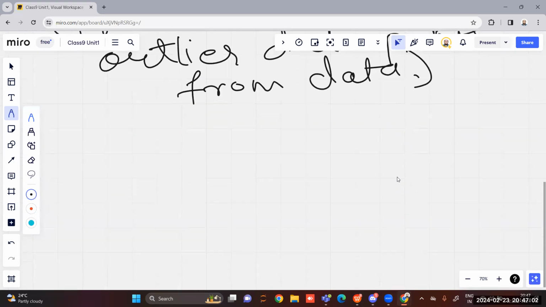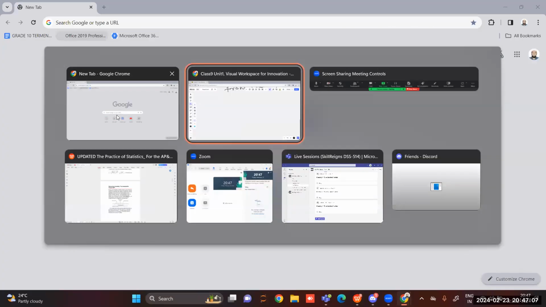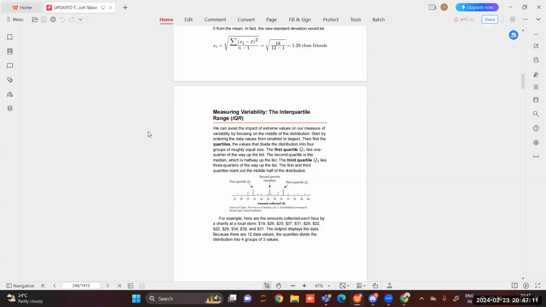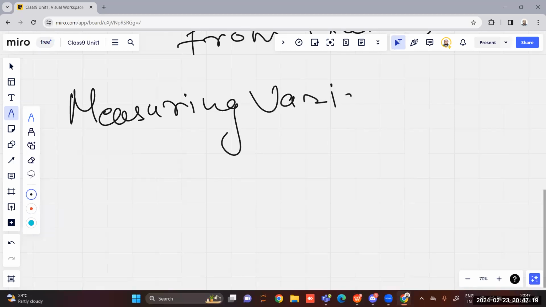That's known as the interquartile range. Measuring variability is also called the interquartile range.